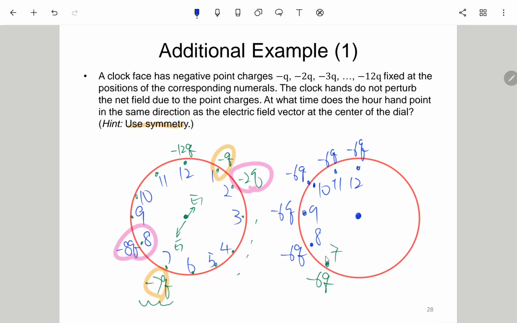You can simply consider that for 7 and 12, they will point in the direction right in the middle between 9 o'clock and 10 o'clock, which is actually 9:30. For 8 and 11, they also point in this direction, and for 9 and 10, it will also point in the direction at 9:30. Okay, so the answer will be 9:30.